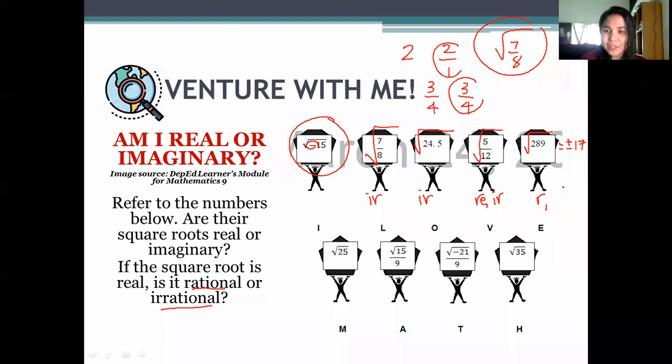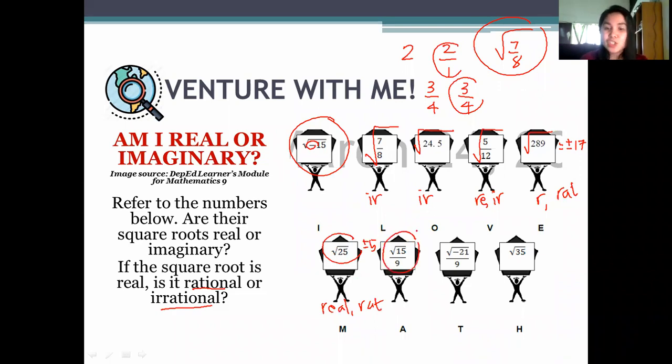So it is rational. Next, square root of 25, real or imaginary? Very good, it's real. Rational or irrational? What's the square root of 25? Plus and minus 5. So it is rational. Very good.